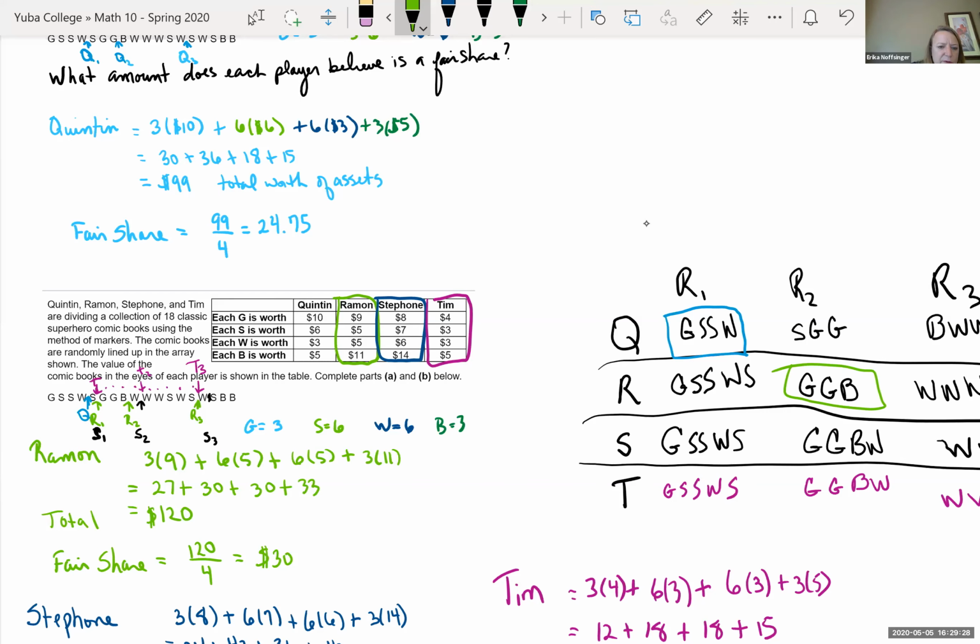Okay, so let's look at Raymond. He gets this group. So Raymond is not in there anymore. Now we have Tim and we have Stephen. Whichever one comes first, Tim or Stephen. Tim comes first. And are there any extras? We first have to look at whether there are any extras between round 1 and round 2.